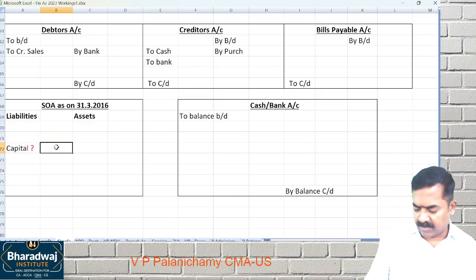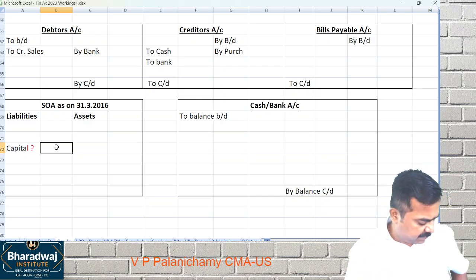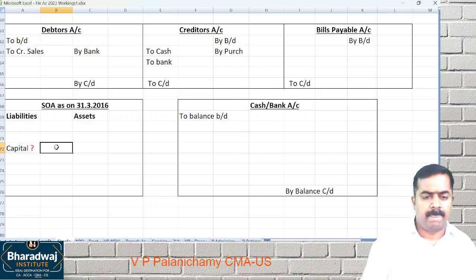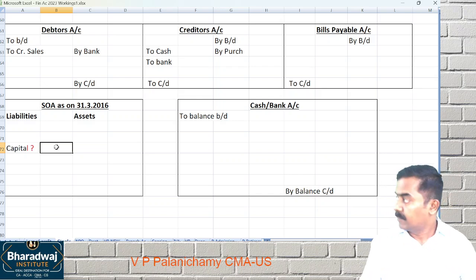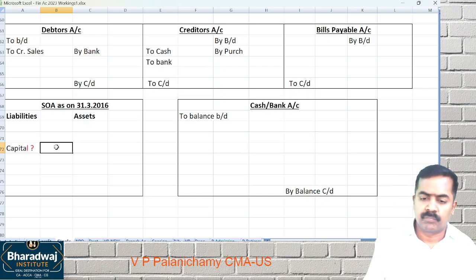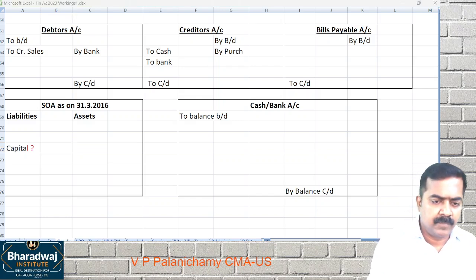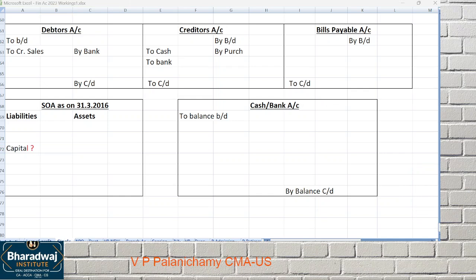Try பண்ணுங்க பார்க்கலாம். Try to work out and get me the balancing. நீங்கள் தான் ஒர்க் அவுட் பண்ண போகிறீங்க. You are going to try.